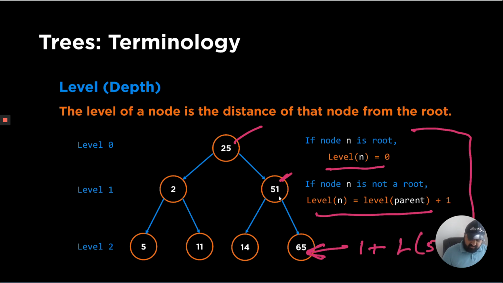And now this is again a recursive definition: the level of 51 is again 1 plus the level of 25. And we know that 25 is the root element, so it will be 1 plus 1 plus 0, which is 2. So it's a neat recursive formula.